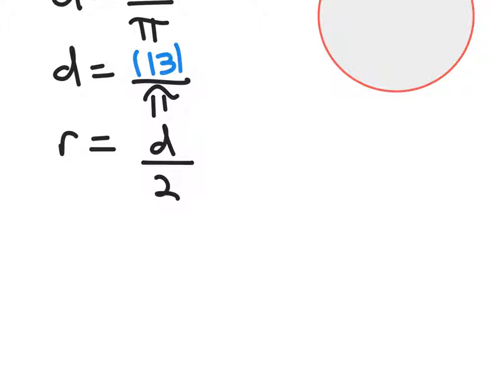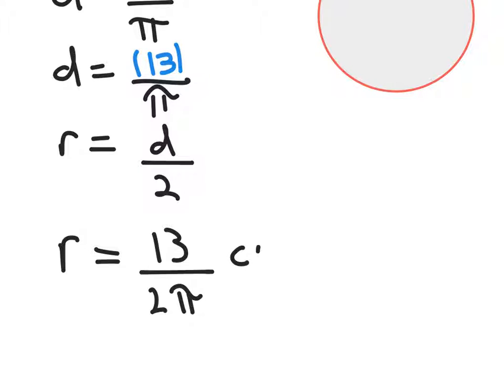So when we multiply 13 over pi by a half, or divide it by 2, same thing, we just end up with 13 over 2 pi, which is our exact form of our radius for this question, and that is measuring a number of centimeters. So our radius is 13 over 2 pi centimeters.